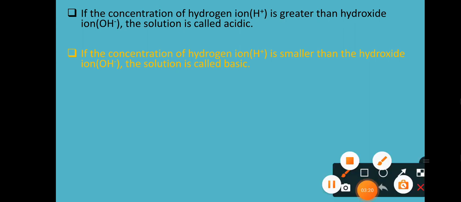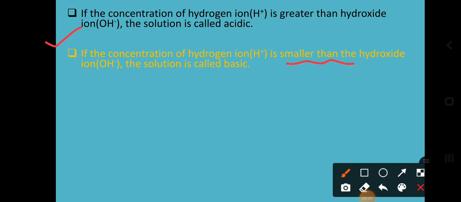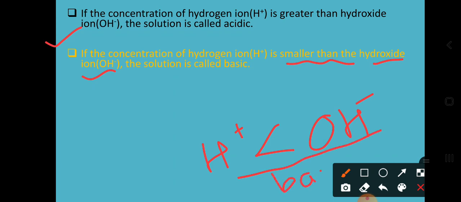In the same way, if the concentration of hydrogen ions is smaller than the hydroxide ions, which type of solution is it? It is basic in nature because the number of OH- is more.